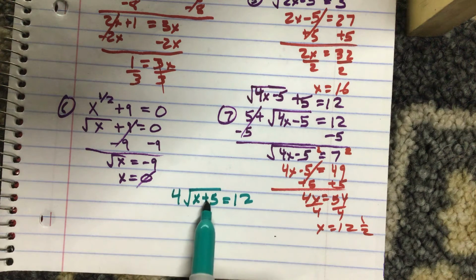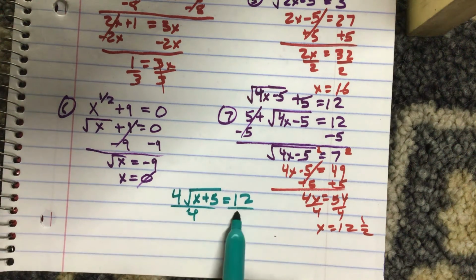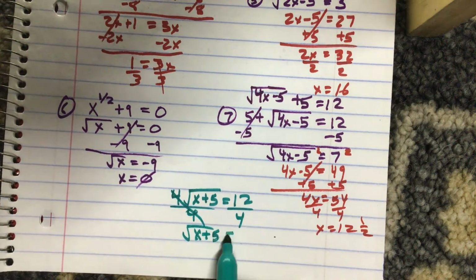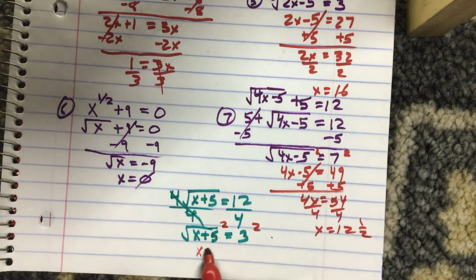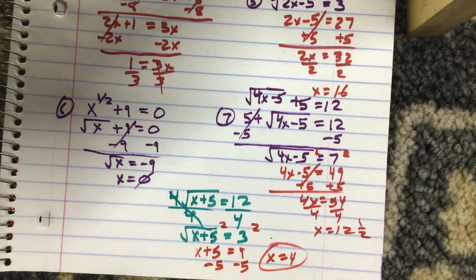This is 4 times radical x plus 5 equals 12. To undo the multiplication, you divide both sides by 4. Now you have radical x plus 5 equals 3. Square both sides. Make sure that radical goes all the way across. That leaves you with x plus 5 equals 9, and then subtract 5. X equals 4.